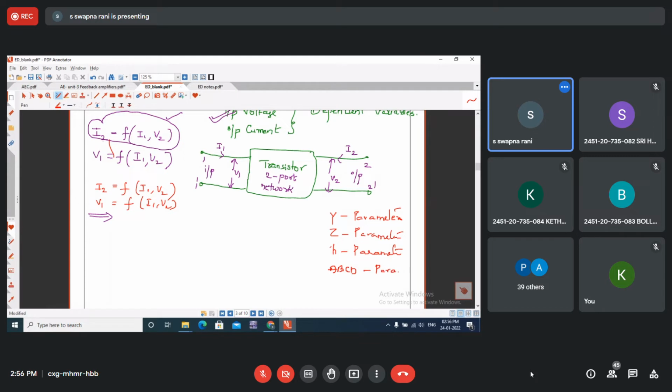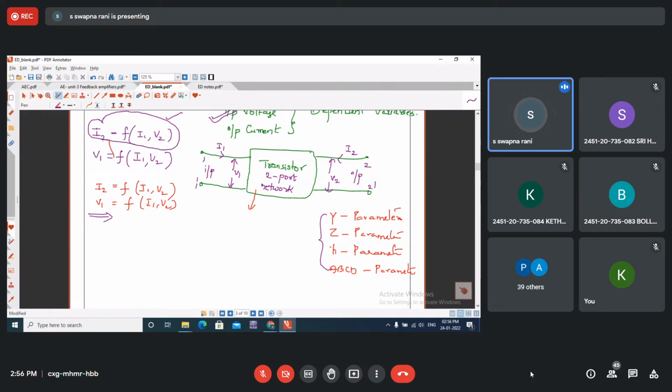The terminal voltages and currents in a two-port network can be related mathematically with the help of these parameters. Here we are saying that a transistor can also be treated as a two-port network. Therefore, I will make use of one of these parameters to relate the dependent and independent variables.